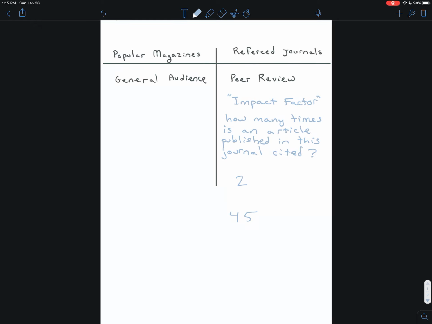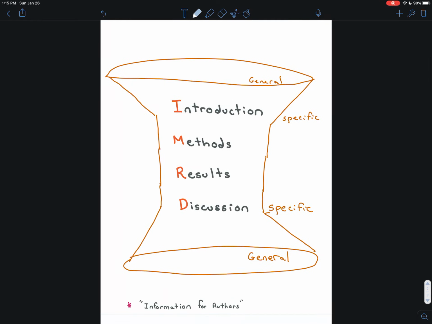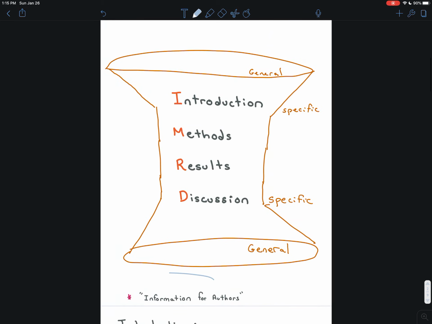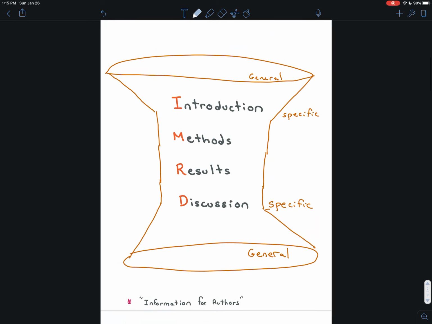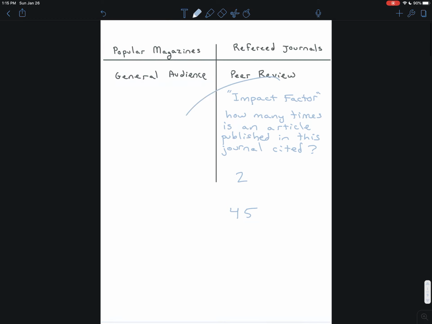And so if you're ever interested in applying to a journal, this is the general format you'd want to write your article in. Make sure you always check with the information for authors for any variations. And when you're shopping for journals that you might want to submit an article to, make sure you check out the impact factor to get a sense of the importance of the journal.